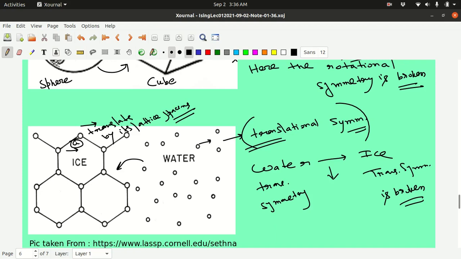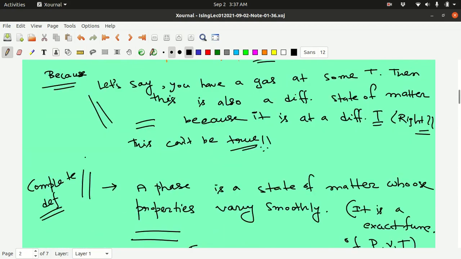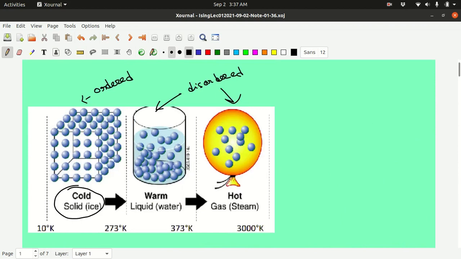But once the system forms a crystal, the atoms or the molecules sit on a particular periodic lattice. You can see here it's a periodic lattice, or you can see this picture as well. So whenever water freezes to ice, the atoms or molecules sit on a periodic lattice, and the translational invariance is broken, because you cannot move by an arbitrary distance and get the same structure.